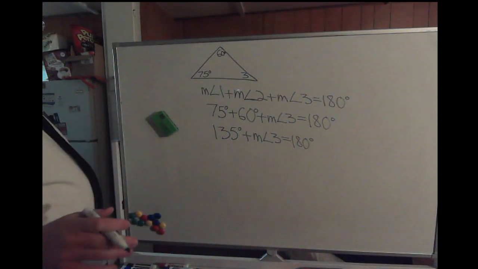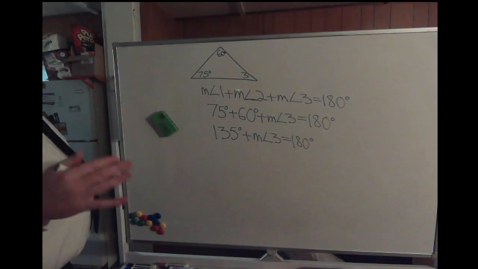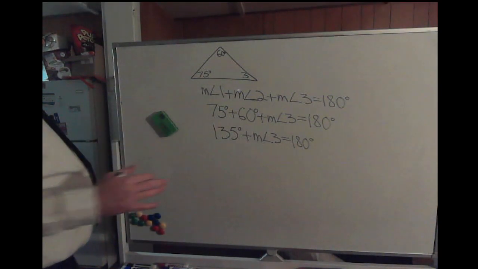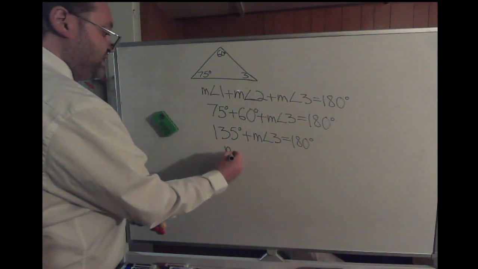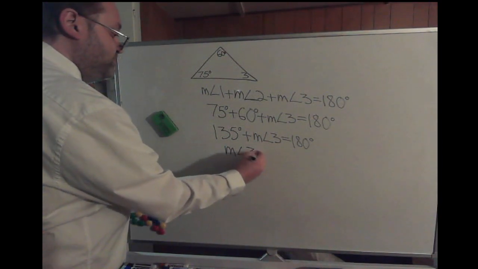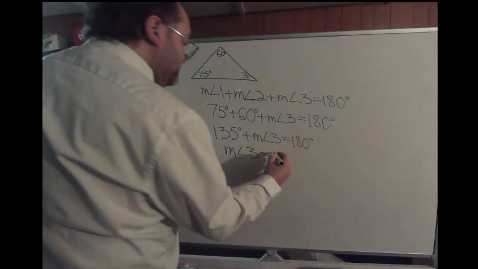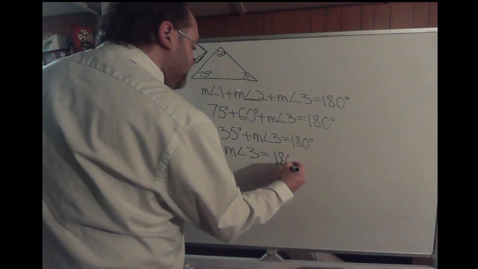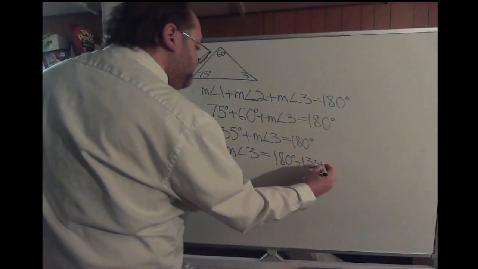You treat it like a variable. And of course, with variables, you want to isolate that term by itself. So in this case, we need to subtract 135 from both sides. You subtract 135 from the left side, you just get the measure of angle 3 is equal to 180 degrees minus 135 degrees.